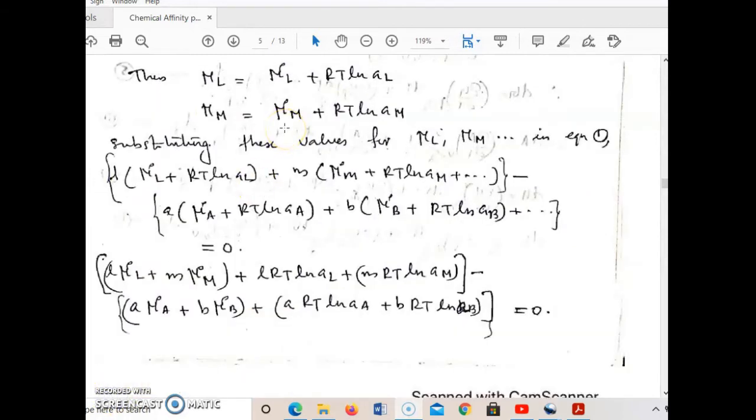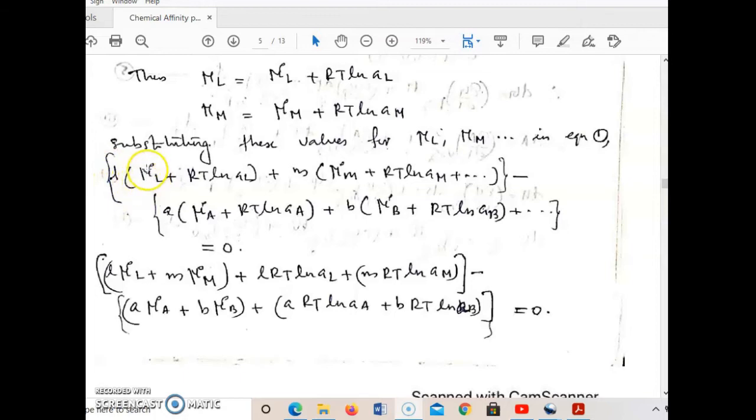So have a look at the previous equation. We have delta G at constant temperature and pressure equal to l times mu L plus m times mu M plus etc., minus a times mu A plus b times mu B plus etc., which was equal to 0, right? So let us take l outside.